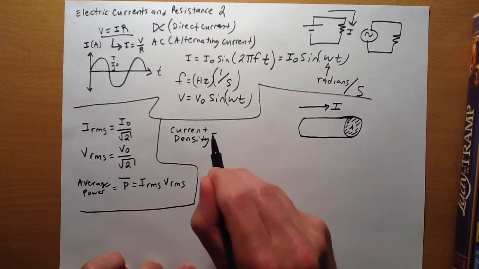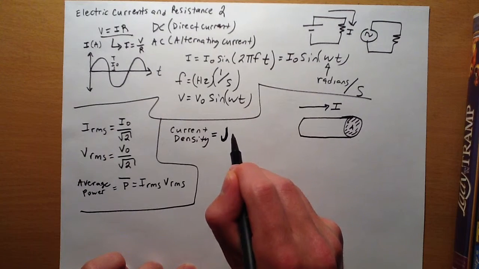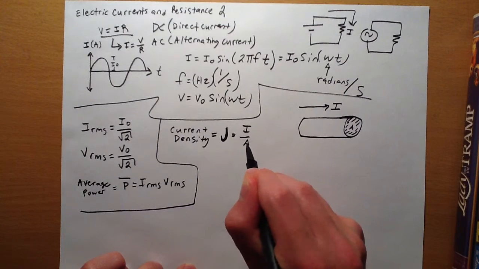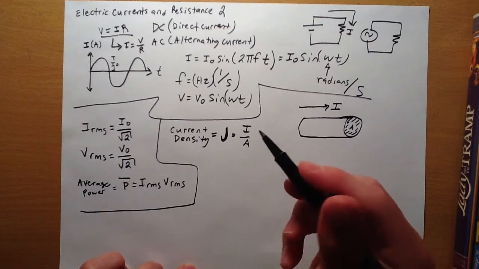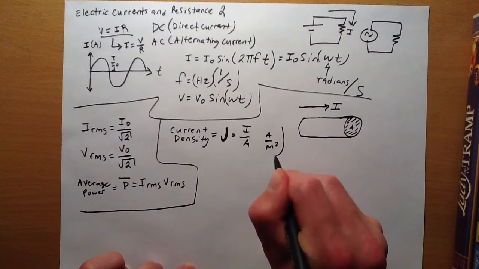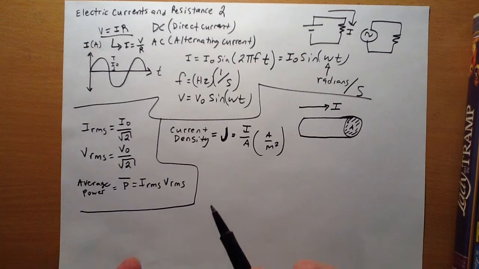And current density has units of J. That's the unit we give it. And it is equal to current divided by area. So when we solve for it, we're going to have units of amps per meter squared. J is the variable that we use to call current density. So solve for area, that's easy. It's probably pi r squared. You know current, easy to solve for current density.